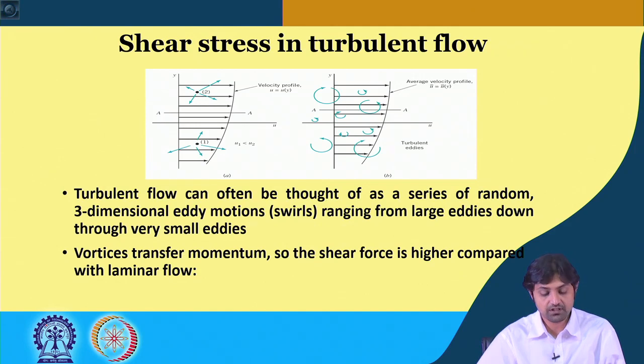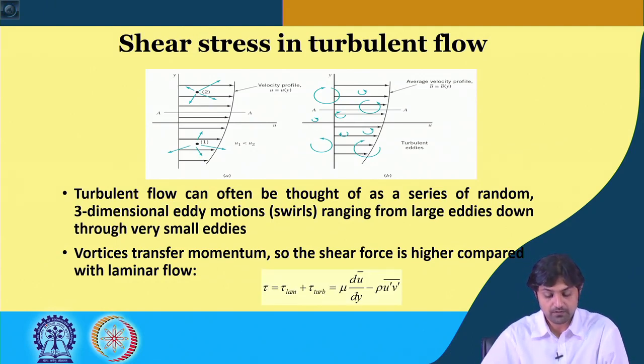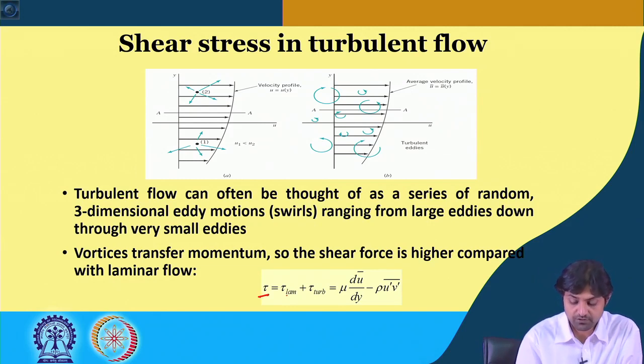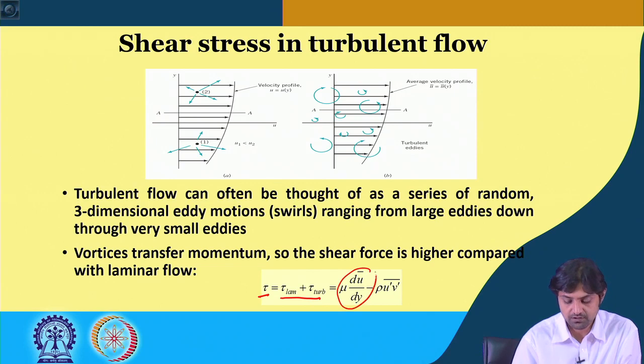These vortices transfer momentum, so the shear force is higher compared with laminar flow. In turbulent flow the shear force is much higher when compared with laminar flow. The total shear stress in a turbulent flow can be written as a combination of two things: shear stress due to laminar flow plus shear stress due to turbulence. This is the laminar shear stress, and this is the turbulent shear stress.